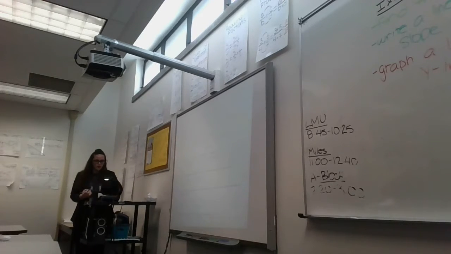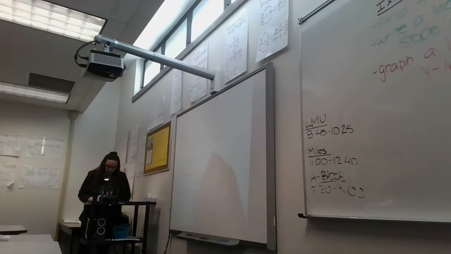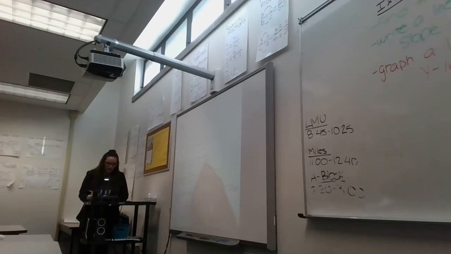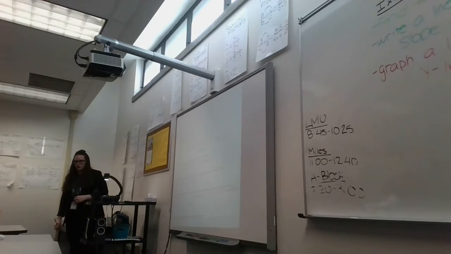Write the linear function. Remember we said v is equal to mt plus b. So m is equal to what? Negative 2,500. Perfect. And b is equal to? 18,000. So Richie, what is our b equal to?